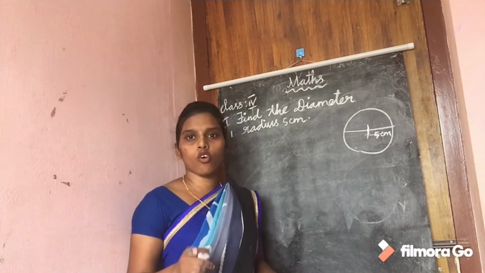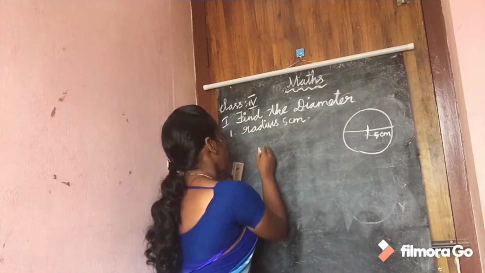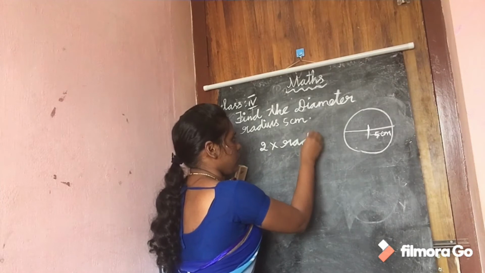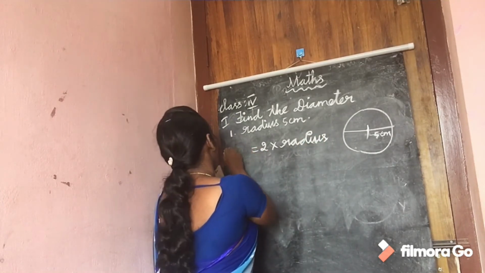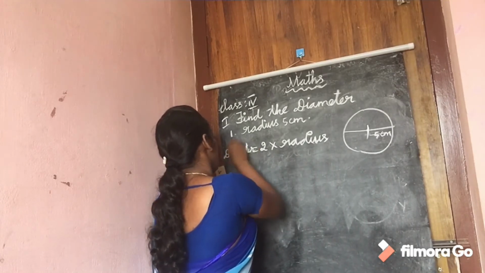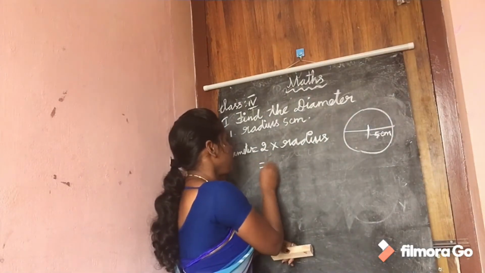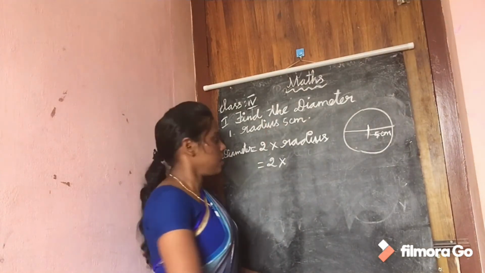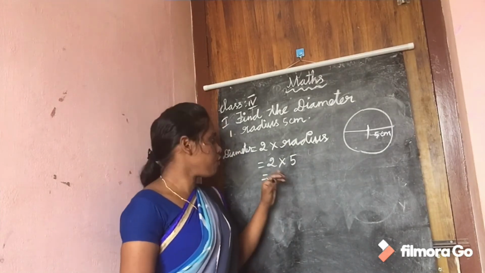First you have to know the formula. If you want to find out the diameter, the formula is diameter equal to 2 into radius. What is the radius here? Yes, 5 centimeter. So this is very easy, children.